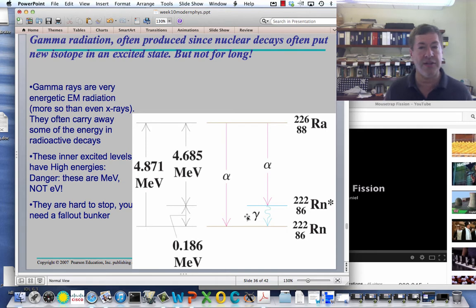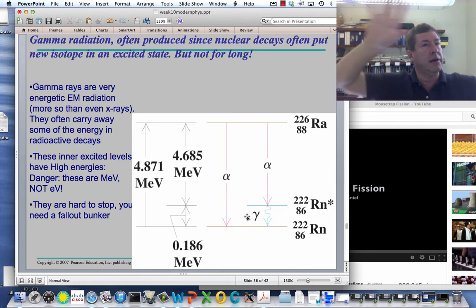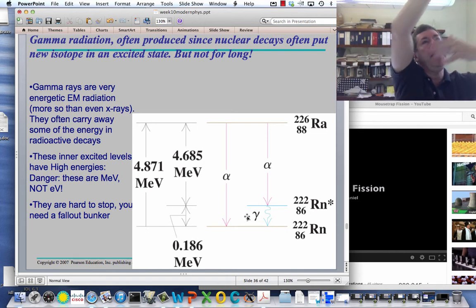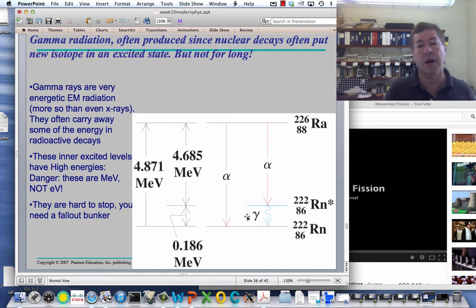Lead is nice because it has a very high density of particles, so you could have a lead shield. That would be pretty good. Nobody, frankly, wants to walk around in a lead shield. Basically, this was the purpose of a fallout shelter. You need many feet or meters of dirt or concrete between the gamma rays and what you're trying to protect, your body, your loved ones, whatever.